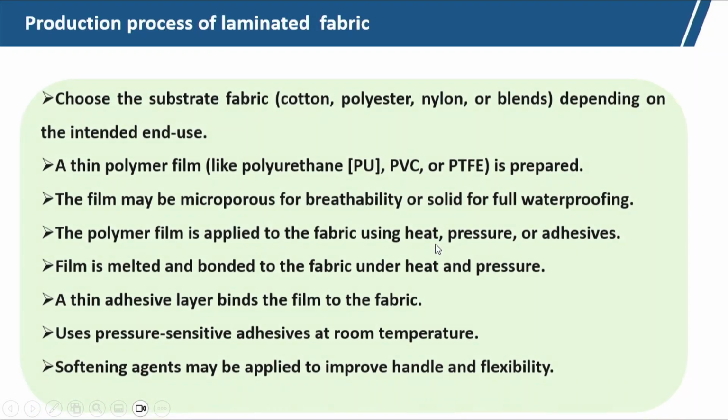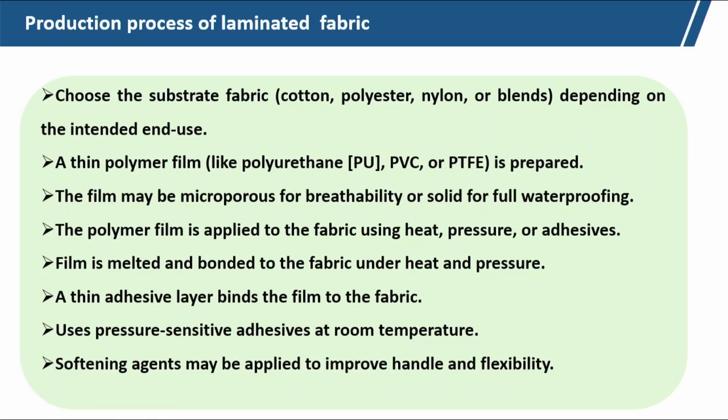Now, the production process of laminated fabrics. You have to choose the substrate fabric, maybe cotton, polyester, nylon or a blend. The substrate fabric provides the strength depending on the intended use. Now, the thin polymer film like polyurethane, PVC or PTFE is prepared.